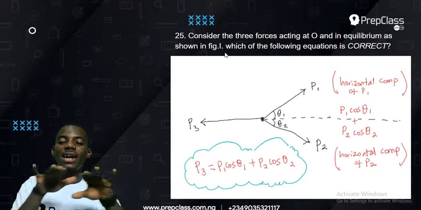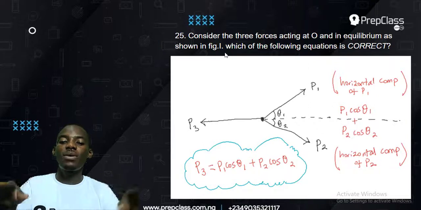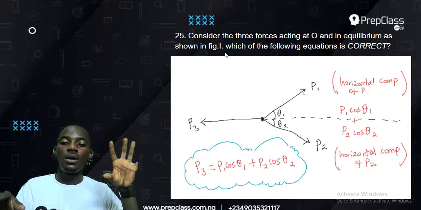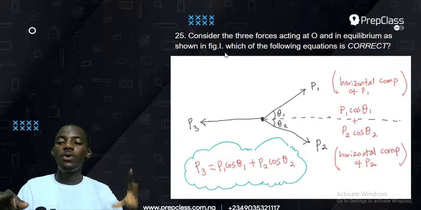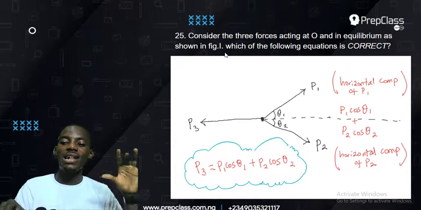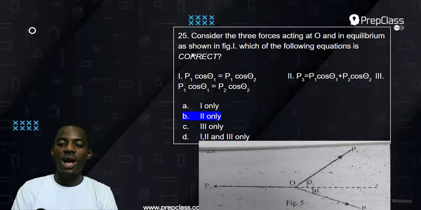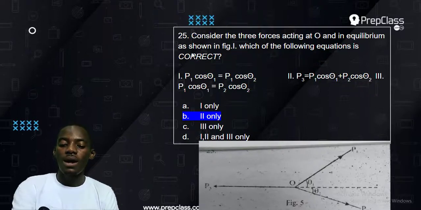So the answer to that question is P3 equals P1 cos theta 1 plus P2 cos theta 2. That brings us to the answer as option B, meaning that option 2 is the only correct option.